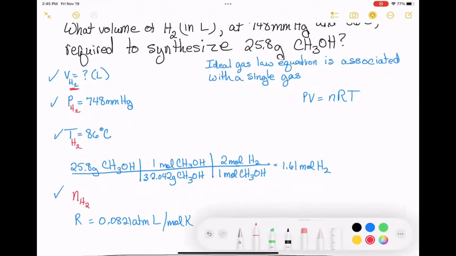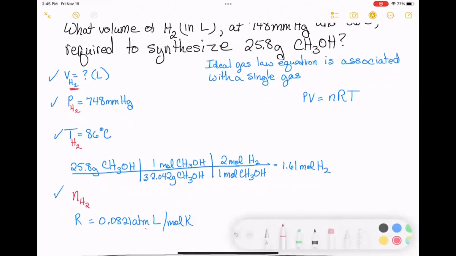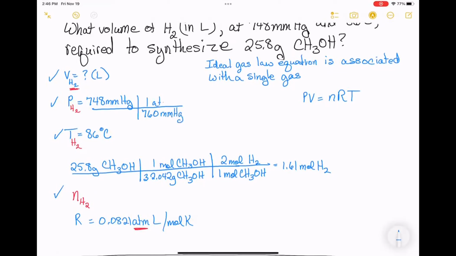And what we quickly observe is that they are not matching. We need atmospheres and we do not have atmospheres. So we're going to need to convert our millimeters of mercury to atmospheres using the fact that 760 millimeters of mercury is equal to 1 atmosphere. So in other words, we actually have 0.984 atmospheres.